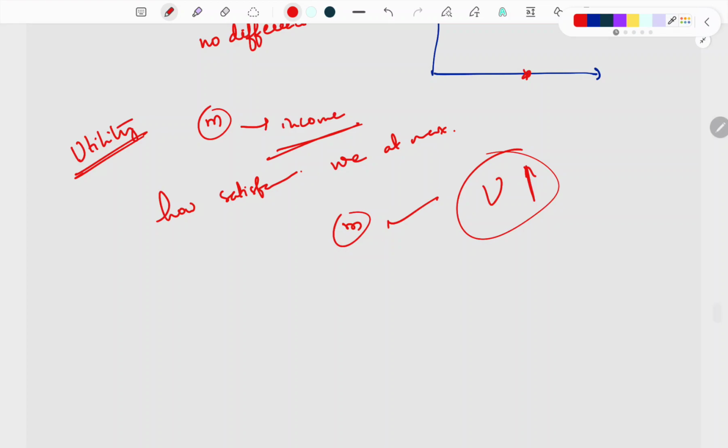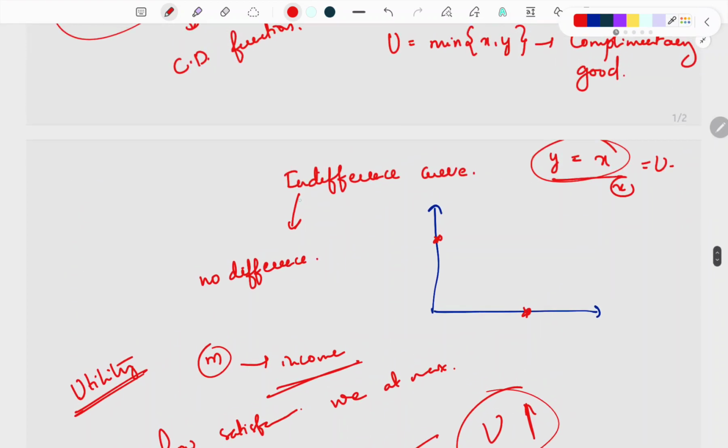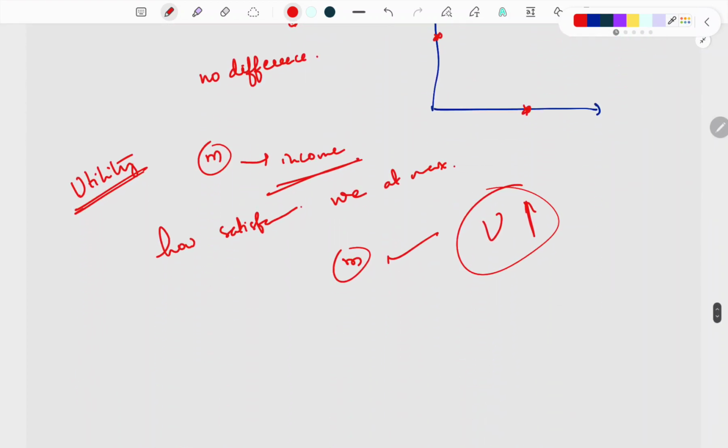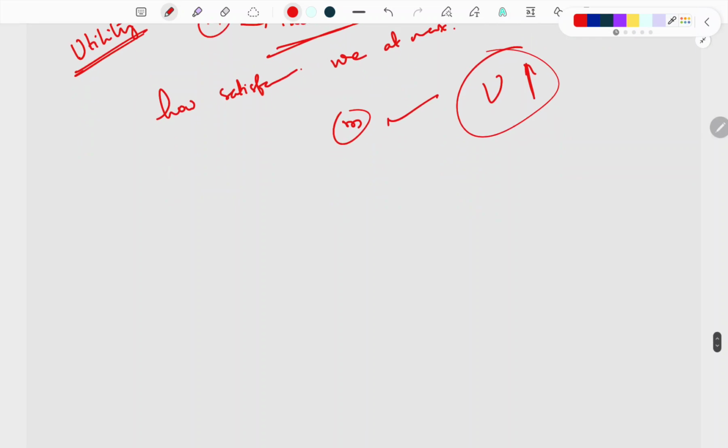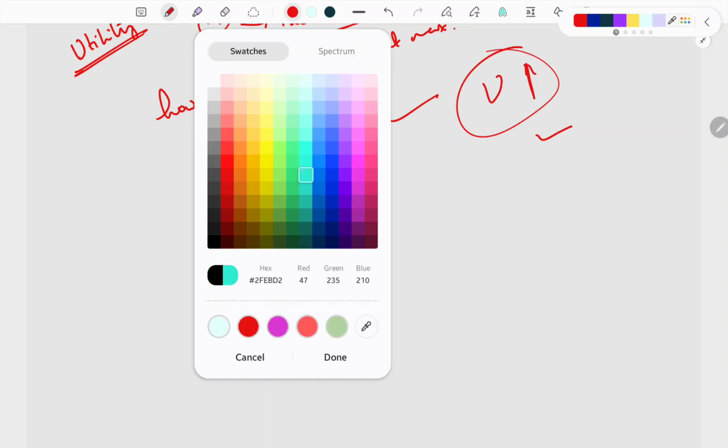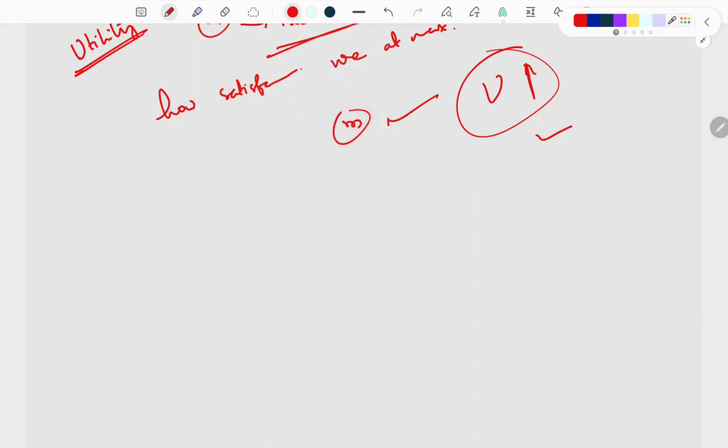How are we doing that? We are just differentiating the utility function and getting the maximum. This is one thing. And one more thing is cost minimization. Let's say that we are getting this much utility, that's u only.